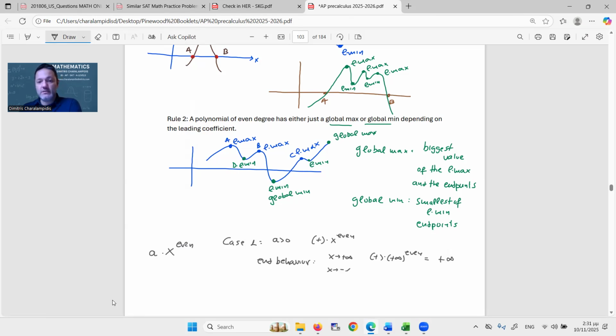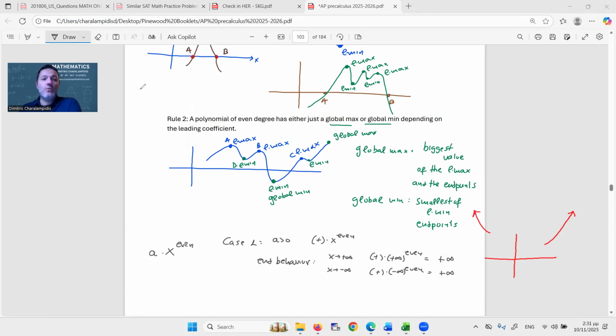Also, as x tends to minus infinity, a positive number multiplied by minus infinity to something even is also equal to plus infinity. So no matter what, in this case, the graph, either when it tends to the right end or to the very left end, would look like this.